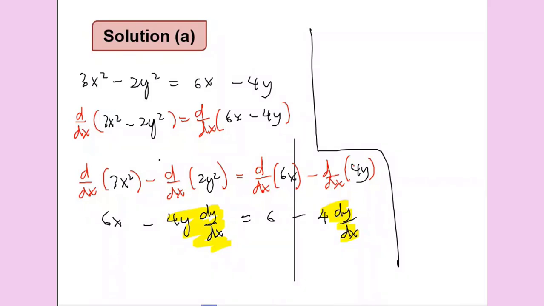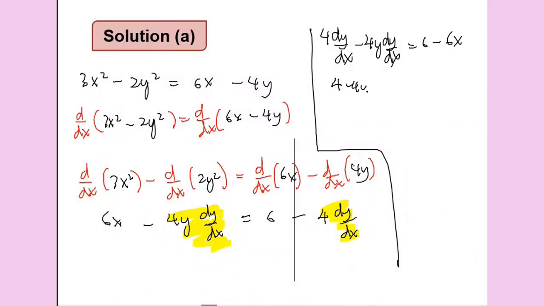Okay, bring to one side. So 4 dy/dx minus 4y dy/dx, this one into here. Then 6x to the right: 6 minus 6x. Factorize. Take this one and factorize 4.